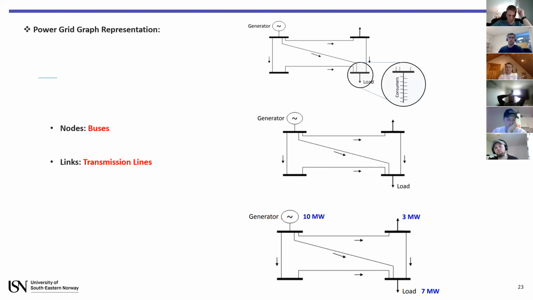So we need supply from the generator. We need 10 megawatt production and 3 megawatt consumption here and 7 megawatt here. So power flow depends on the structure of the power system, and its inherent property decides how much power will go from this line, how much power will go from this one.